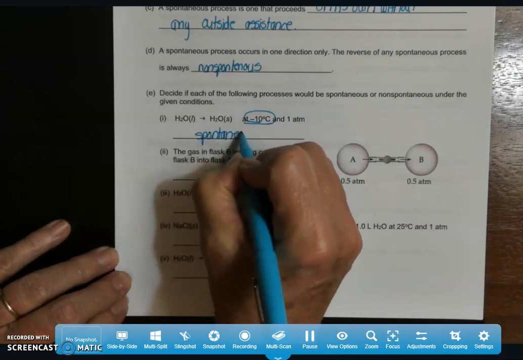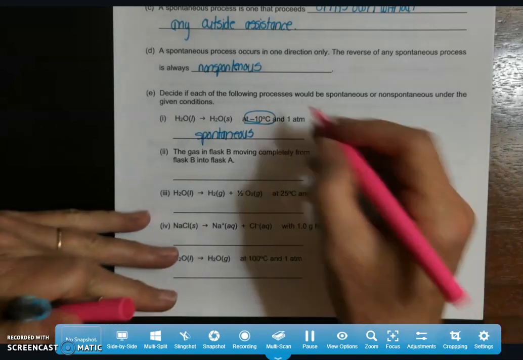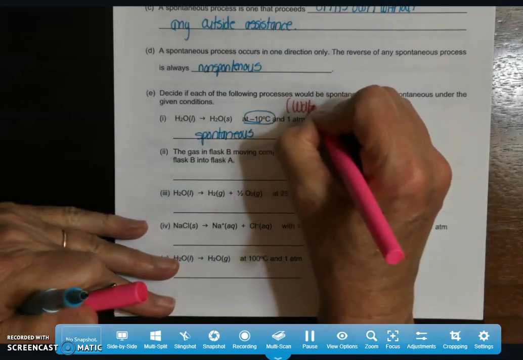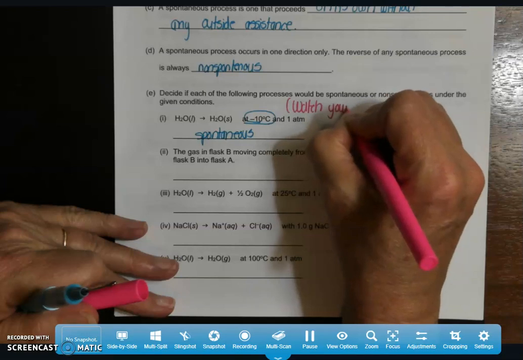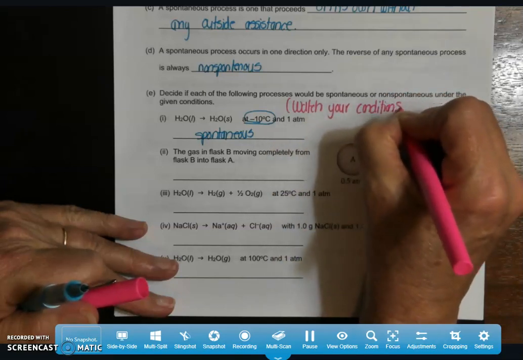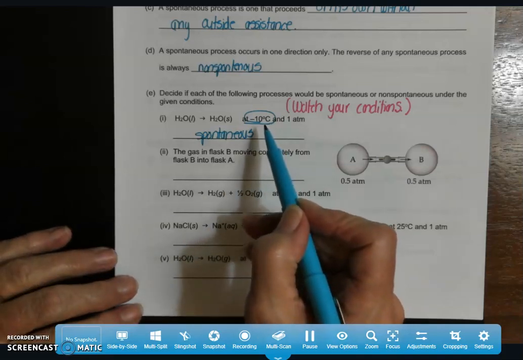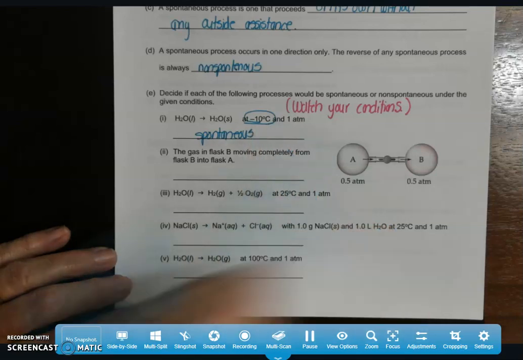So one thing I want you to note here from here on out, you are going to have to watch your conditions. By that I mean, when you start talking about the spontaneity of reactions or whether they will or will not occur, you need to look at temperature and pressure. Because although this is spontaneous at minus 10 degrees, it would not be spontaneous at 100 degrees.